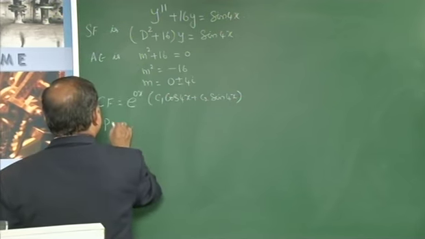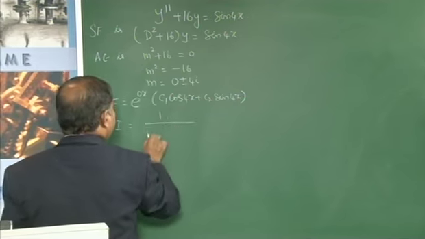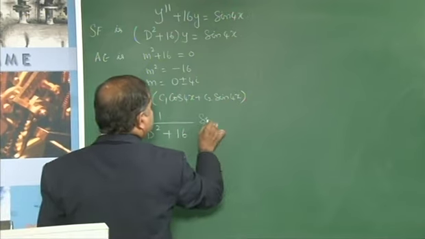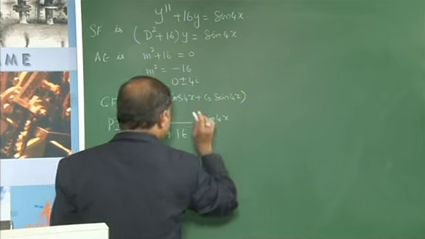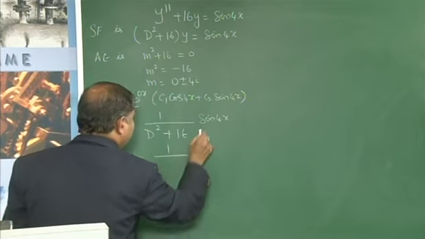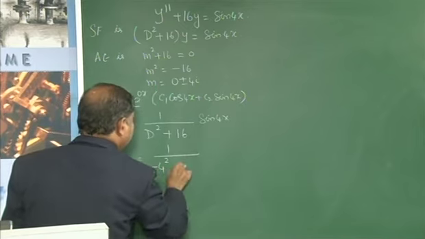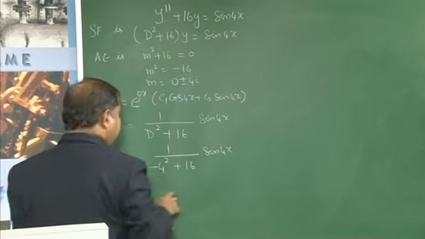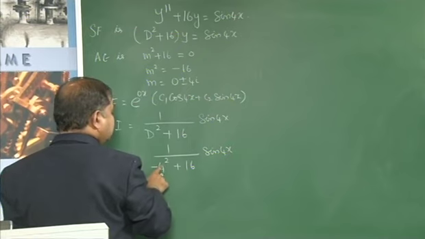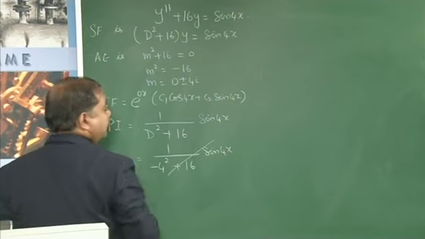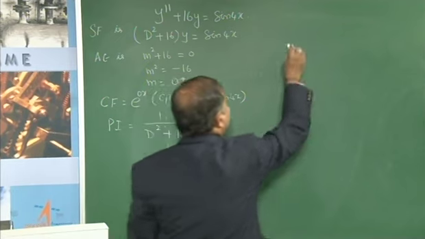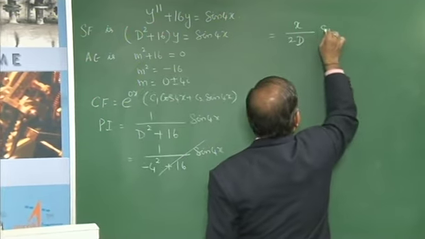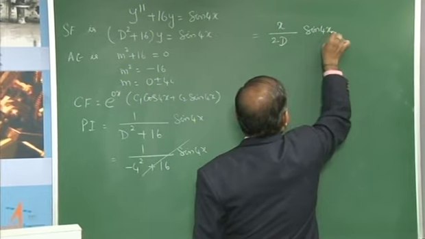Particular integral, 1 by d square plus 16 sin 4x. Replace it: 1 by minus 4 square plus 16. Again I can see minus 16 plus 16, leave it. Multiply the numerator by x, differentiate the denominator, sin 4x.